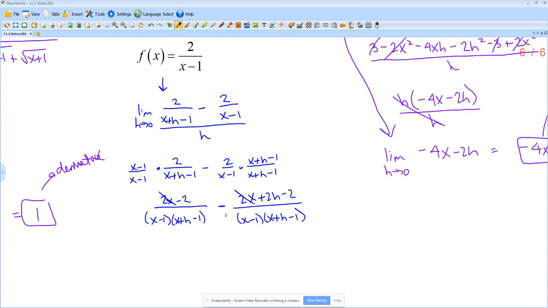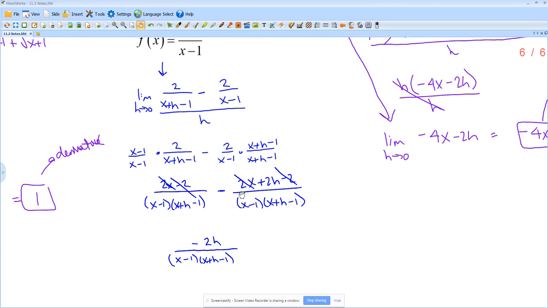Negative 2 minus negative 2 will cancel. So I'm left with just a negative 2h over x minus 1, x plus h minus 1.